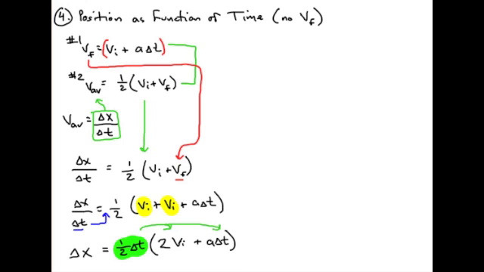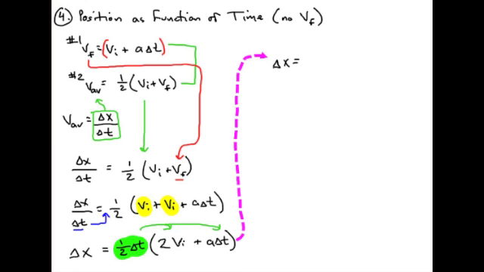So I'm going to move up to the top right here so we have a little bit more room to work. We're going to distribute that 1/2 delta t to everything on the inside. So our equation turns out to be delta x equals, well, if we distribute the 1/2 delta t to the 2 VI, the half and the 2 are going to cancel out.